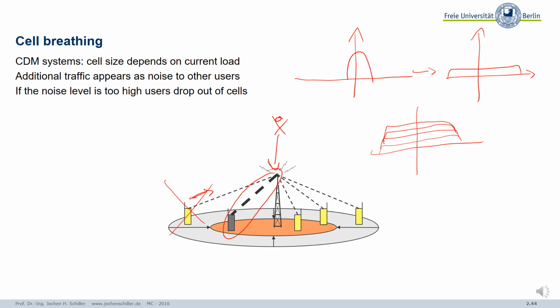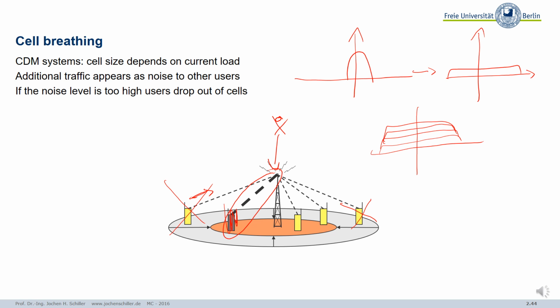So, that's a problem. And it's called cell breathing because it looks like the cell is shrinking if the load increases. It's not really that the cell is shrinking, but the devices at the edges drop out. And if you stop the transmission, then suddenly the cell is growing again.